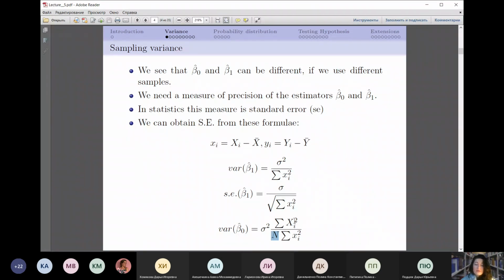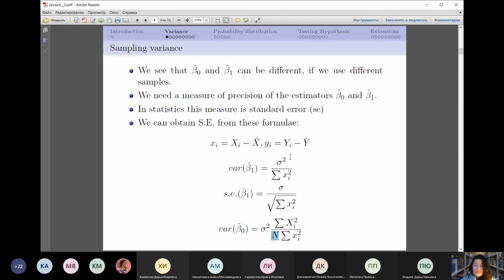Why is it important to look very clearly at the variance? Because variance is a measure of how much the estimates can change from sample to sample.